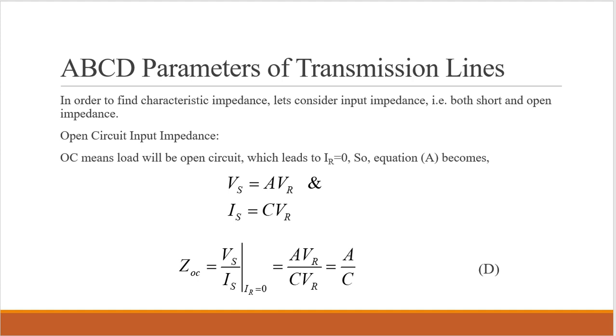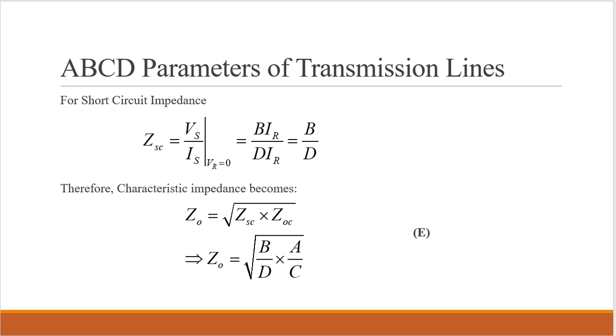If we now consider the short circuit impedance, ZSC represents the short circuit impedance, whereas Vs and Is represent the voltage and current across the sending end respectively, and in this case VR will be equal to 0.